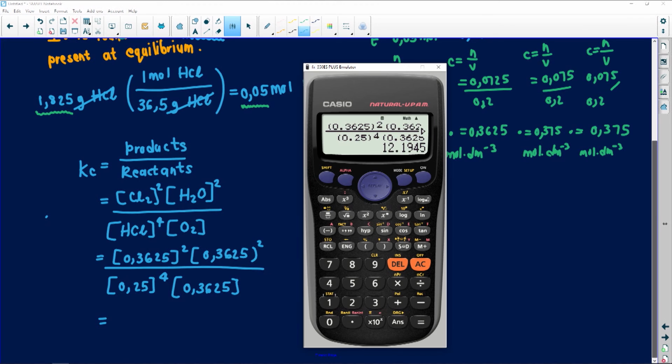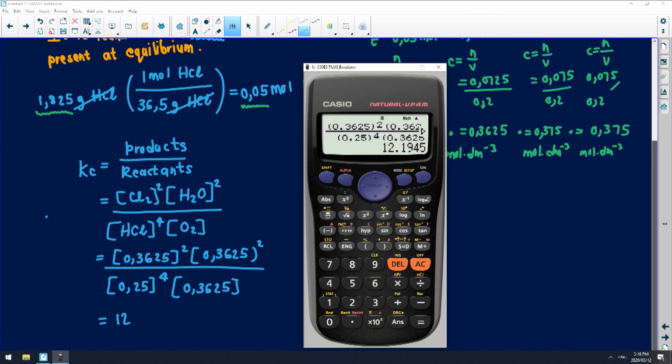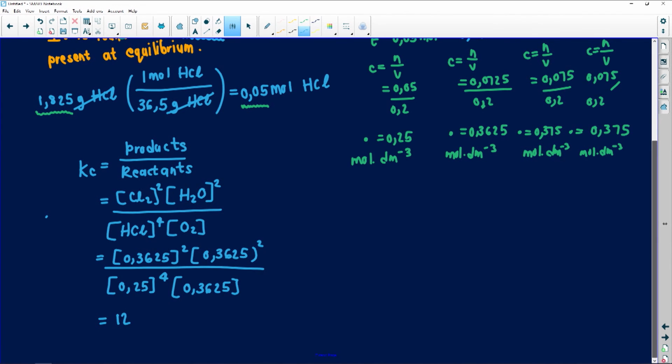Exponent 1, you don't have to write it. Anything to the exponent 1 will give you that same number. Let me just see if I've got everything there. I get 12. Hope I've calculated everything well. I get 12.19. The 4 doesn't change the 9, so we can just leave it as 12.19. Remember that Kc does not have a unit.